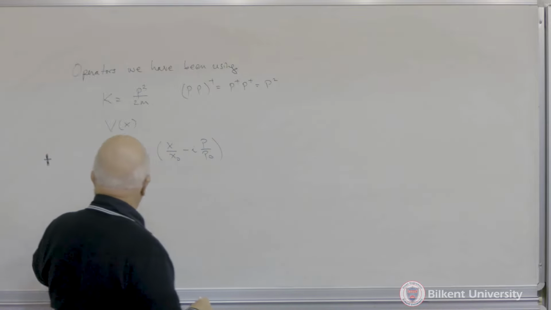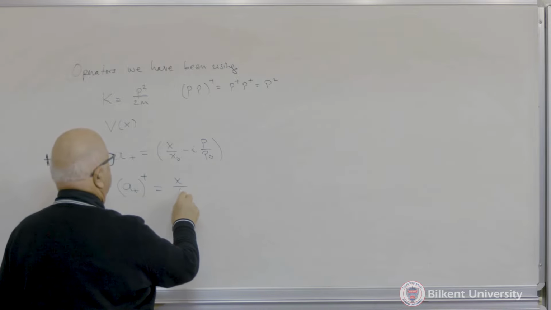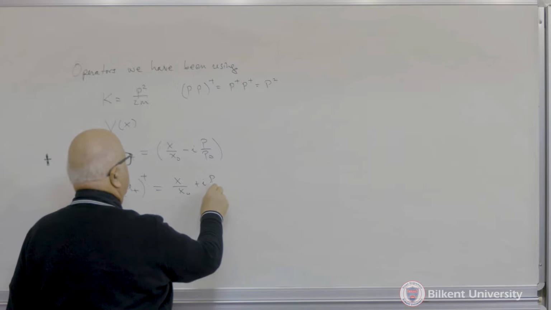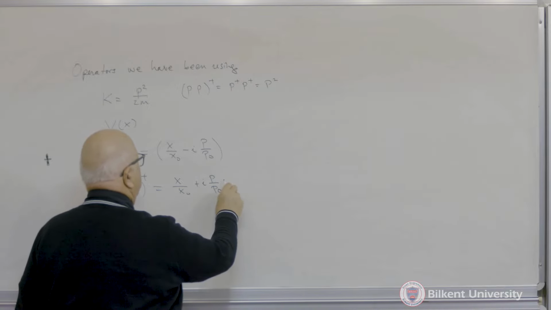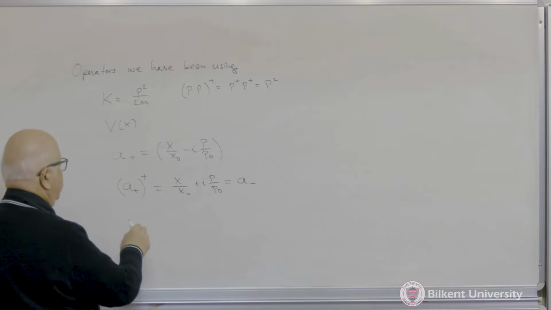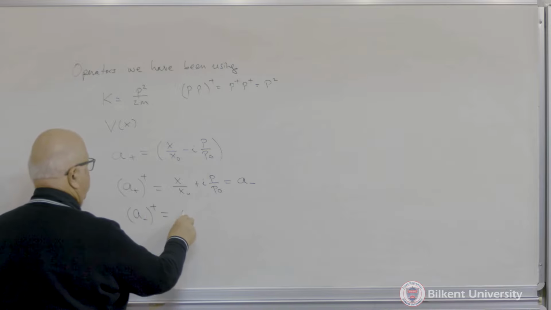So A plus dagger is x over x0, i goes to plus i, p over p0, so this is a minus. So these two operators are not Hermitian, they are adjoints of one another.